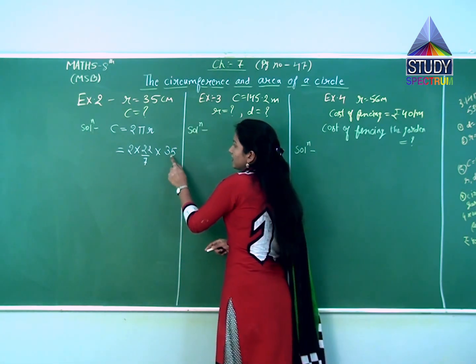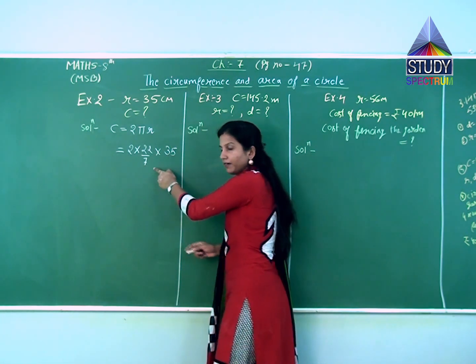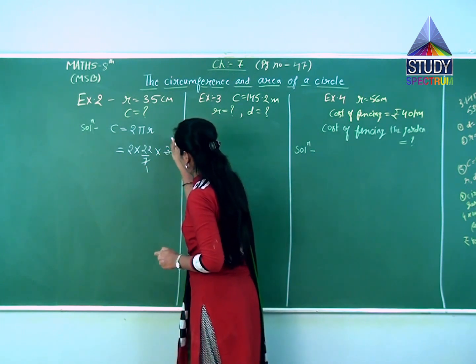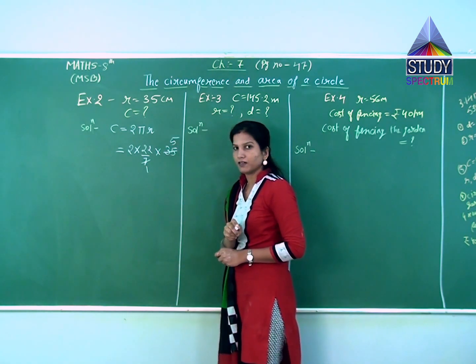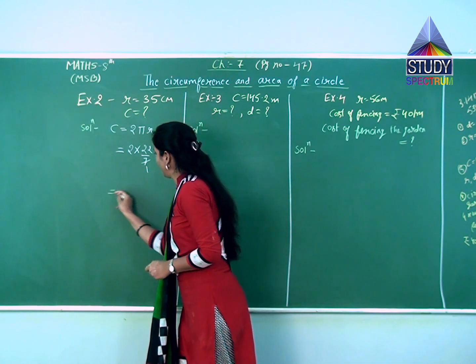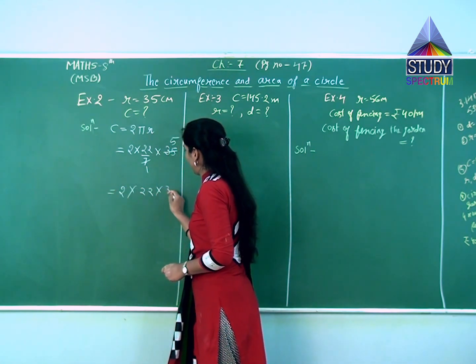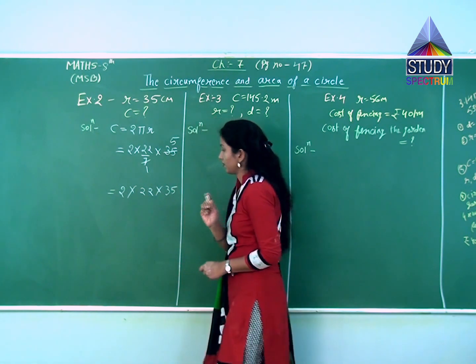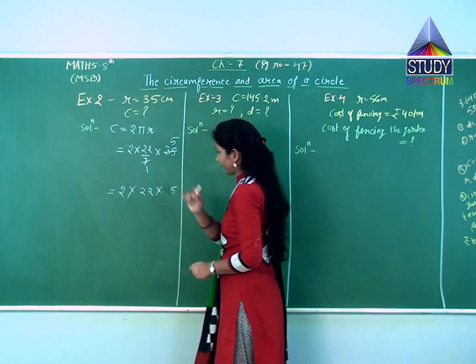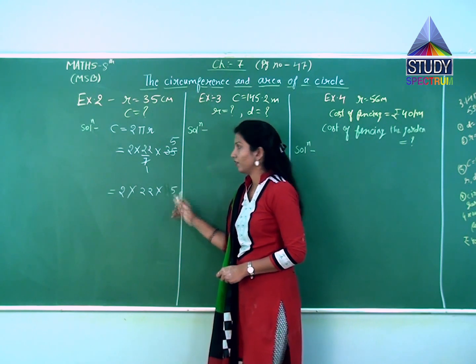Now this 35 can be divided by this 7. So 7 ones are 7, 7 fives are 35. Now we are left with 2, 22 and just 5 here. 2 into 22 into 5.